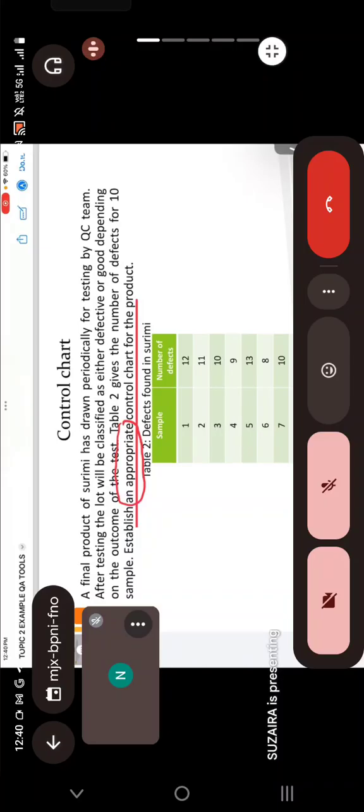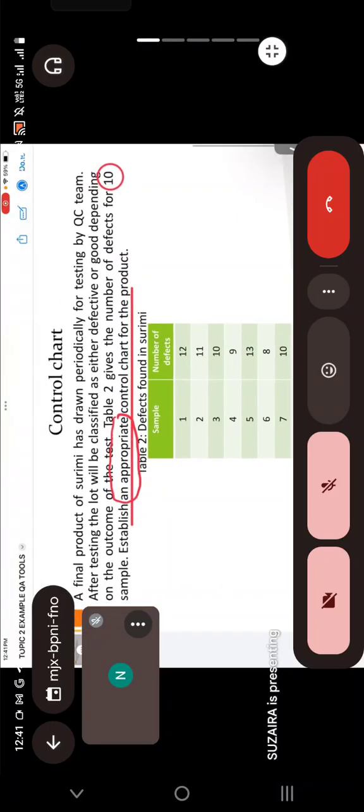And whenever you look at these kinds of questions, okay, the hint for this one is C chart or P chart. This one is C chart, yeah. So you just remember for C chart, it will just give you one value, 10. But this one, take a picture, and then develop the C chart.